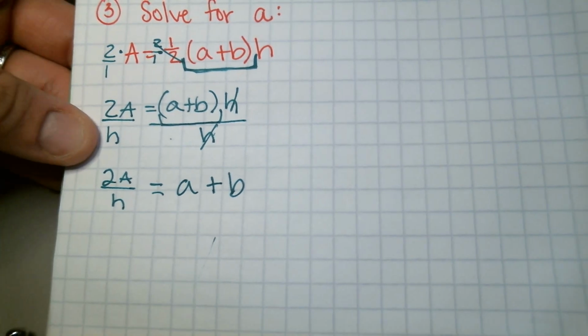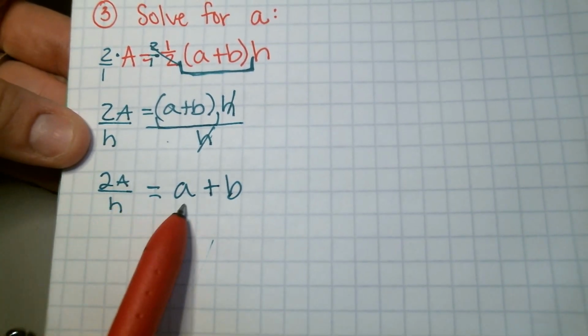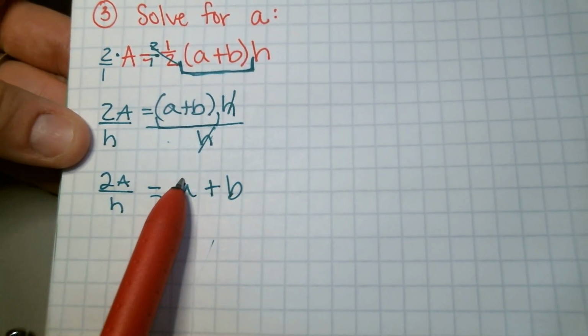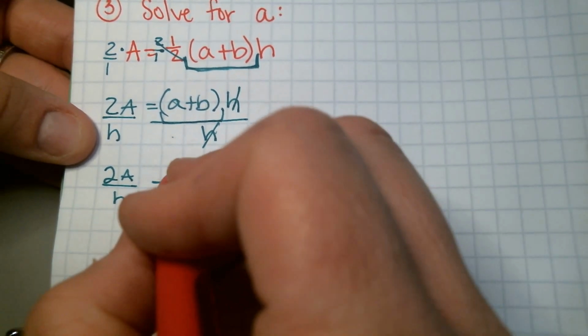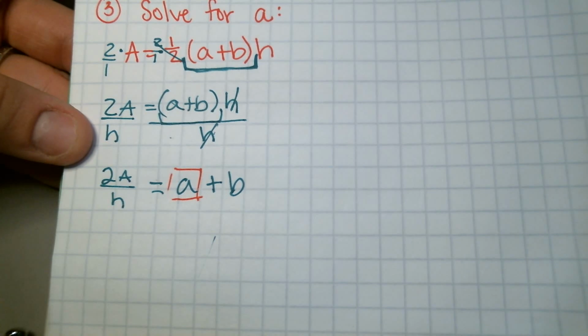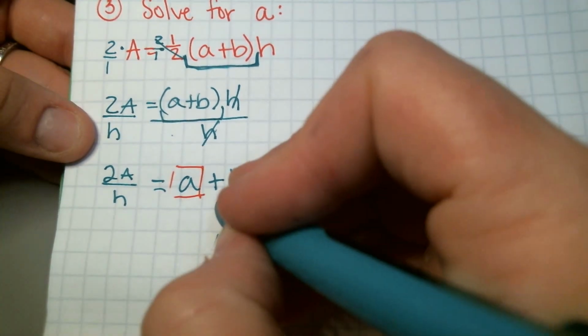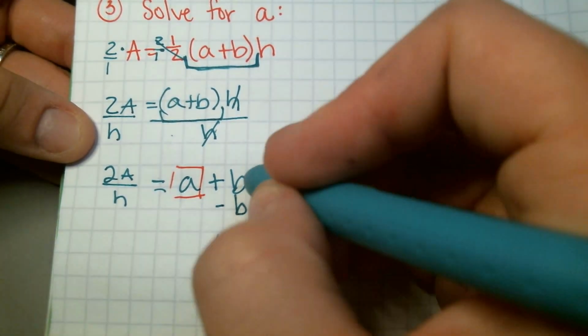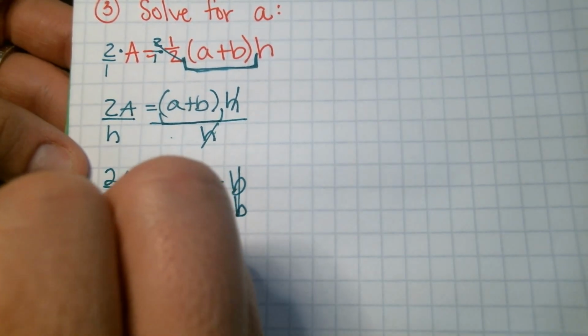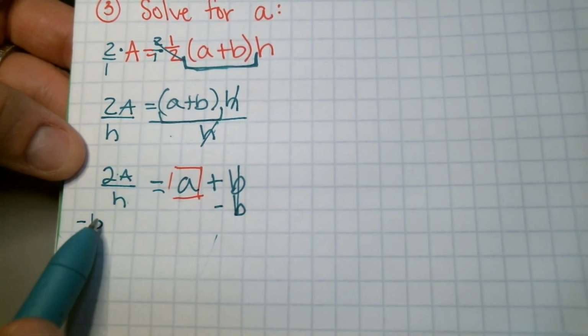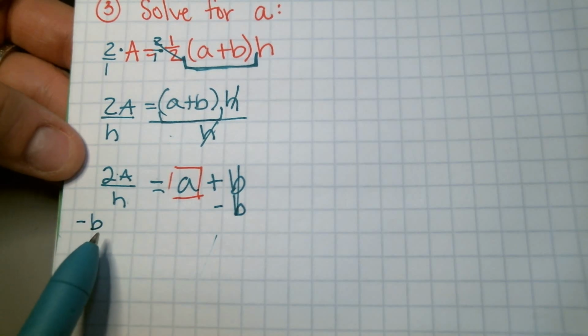Now, I'm still not done because I need to solve for a. And right now, I haven't solved for a because b is still on the right side of my equation. So, since b is being added, I'm going to subtract, or add the opposite of b. I'm going to subtract over here. Now, 2A over h and minus b are not like terms.